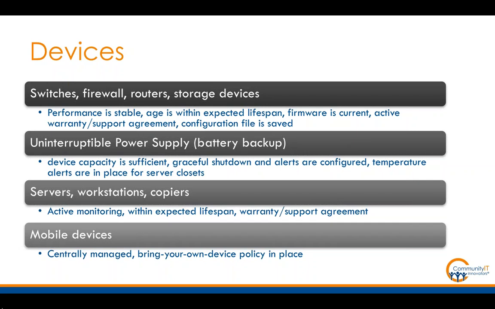But in this section, we are focused on the hardware that you find in your office environment on your network. You would find routers, you would find storage devices, network attached storage where your data is stored. And primarily the message we are trying to drive home here is to reduce the risk on that network, to ensure performance is stable, and age is within an expected lifespan.